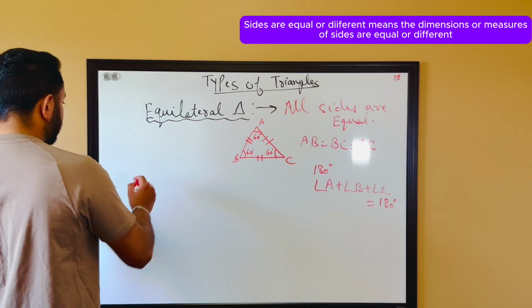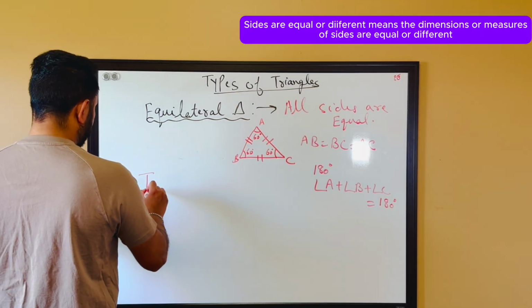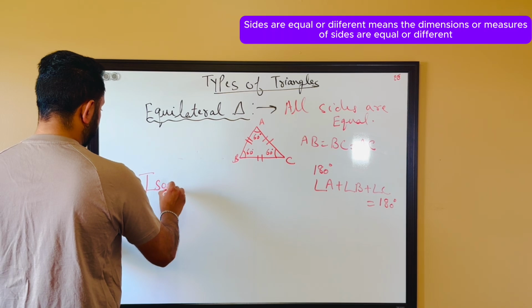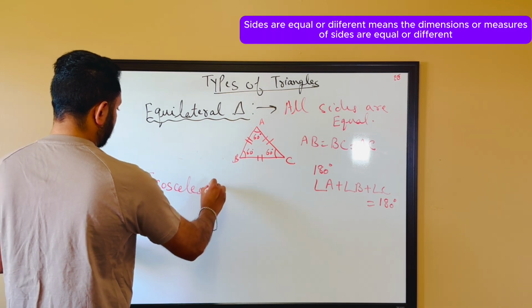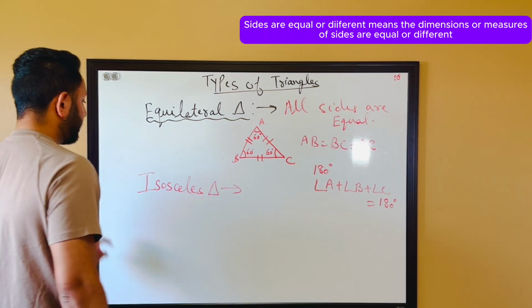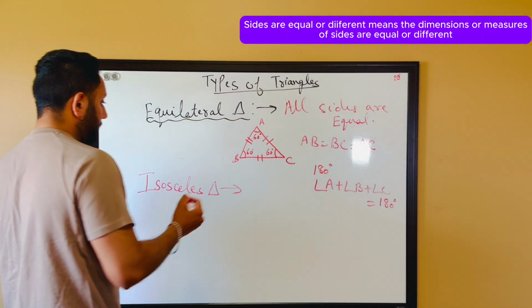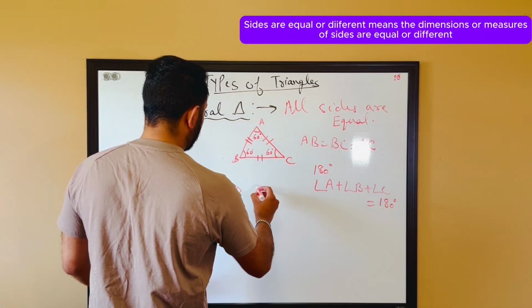So our second type is isosceles. In an isosceles triangle, two of the three sides are equal.